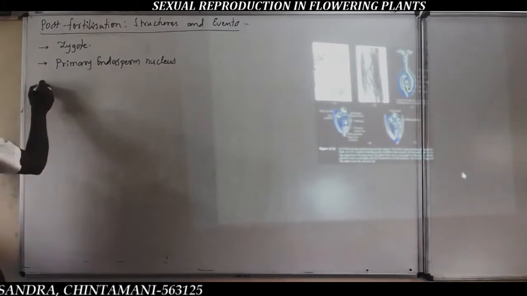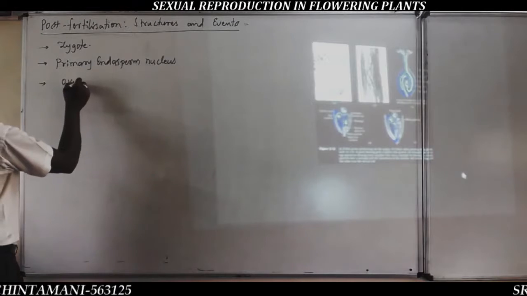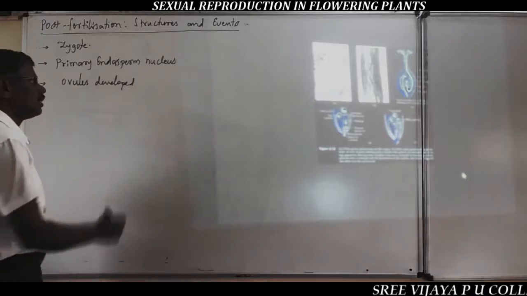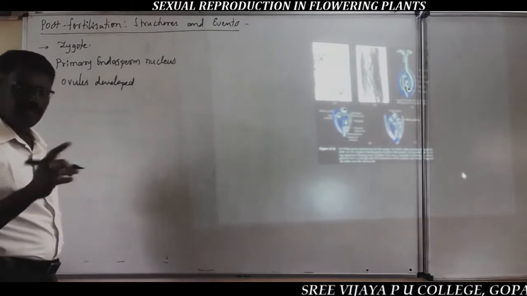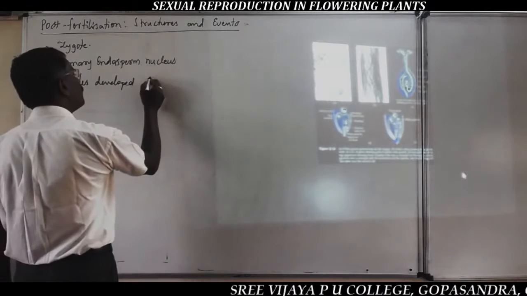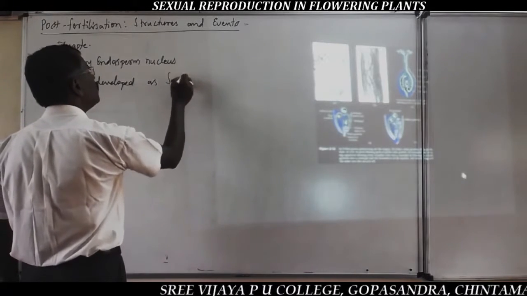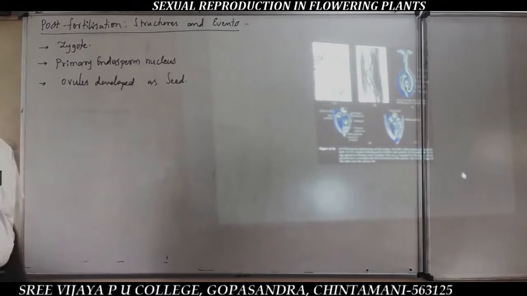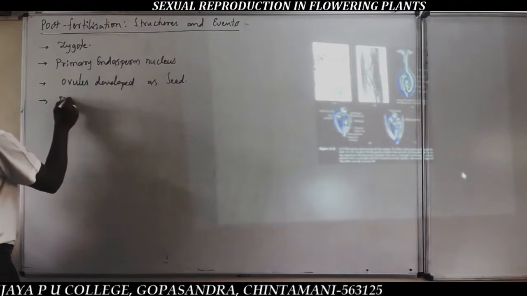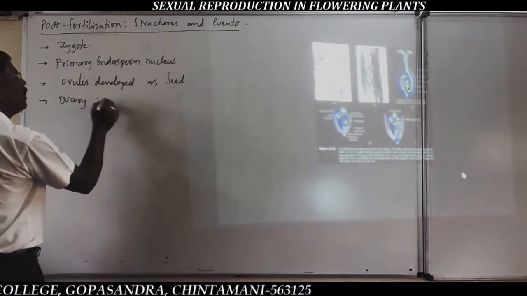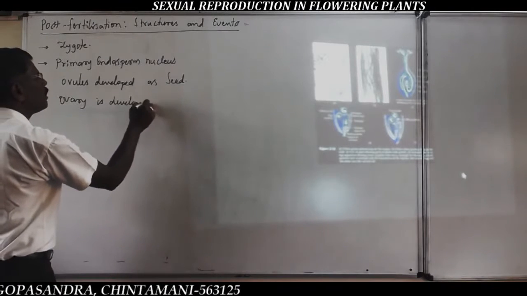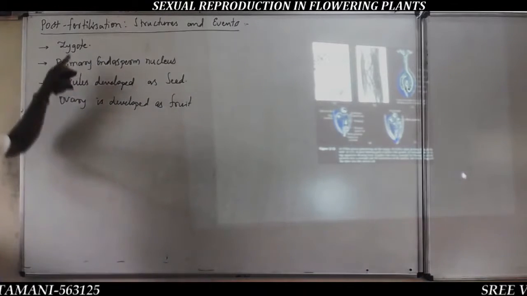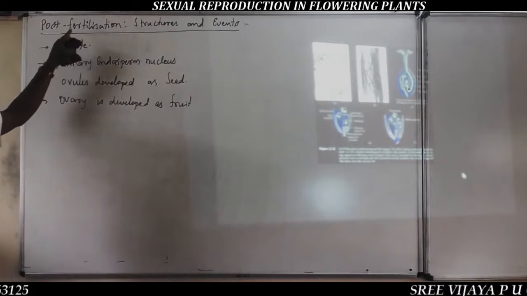After fertilization in the embryo sac, the entire ovule develops as the seed, and the ovary develops as the fruit. These are the events of post-fertilization.